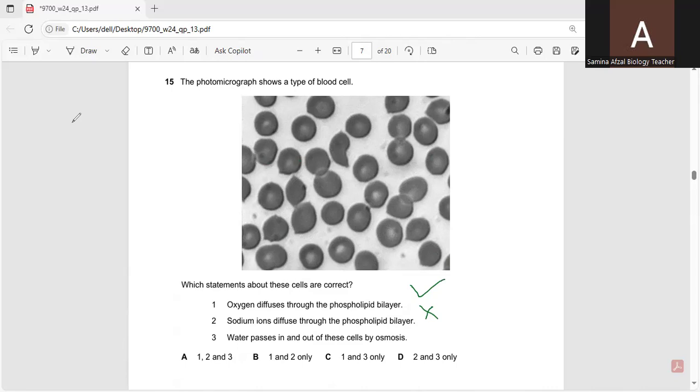In osmosis, we always say that water moves from its higher water potential towards the lower water potential through this phospholipid bilayer. So this statement is also correct. So statement 1 and statement 3 are both correct, and statement 2 is not correct. According to this, C is the correct answer. A, B, and D are not the correct options.